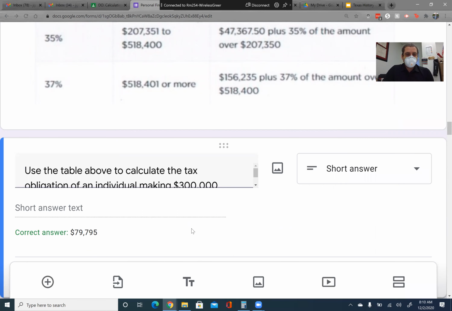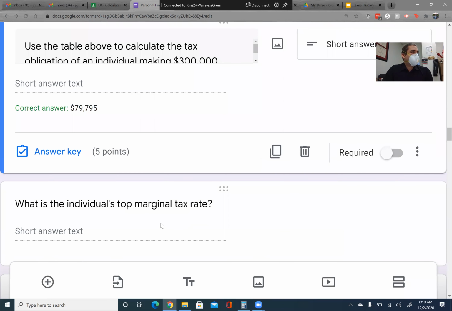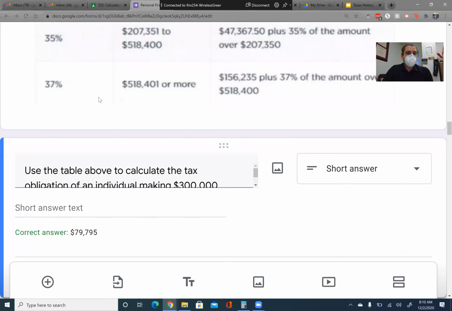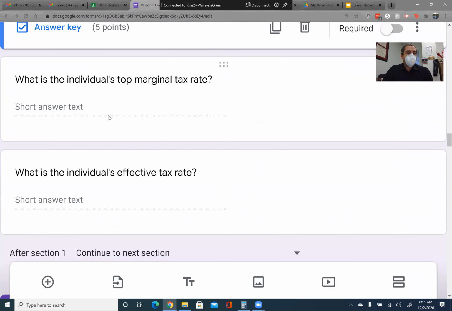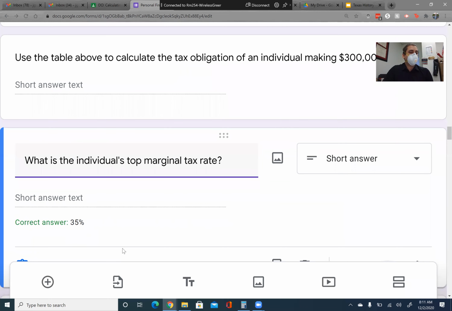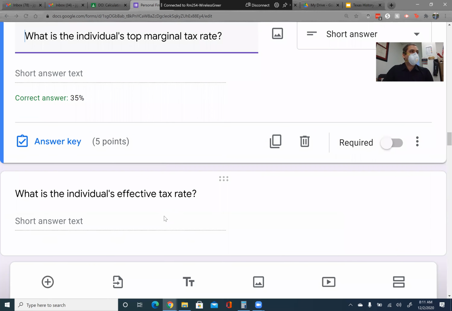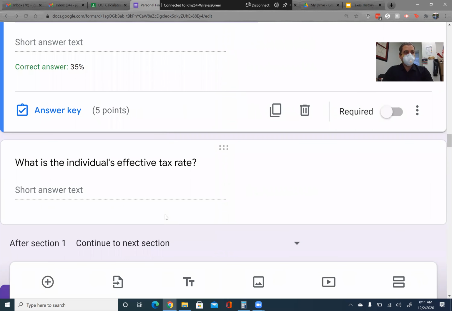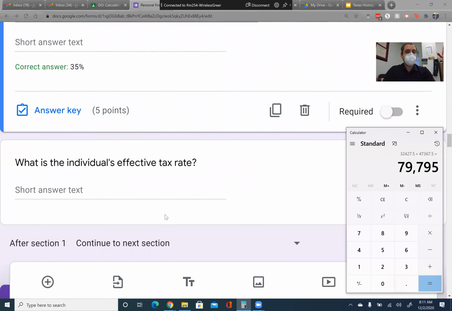Okay. The individual's top marginal tax rate was 35%. But out of their entire income, what was their effective tax rate? What do I do after I have the total tax obligation to find the effective tax rate?